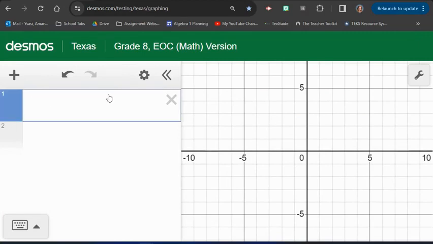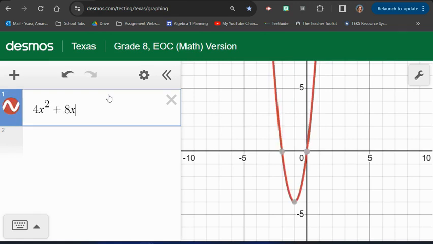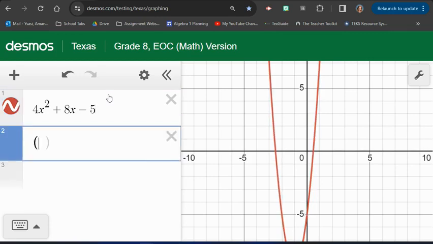I'm going to put in the original: 4x squared plus 8x minus 5. And now put in an answer choice.